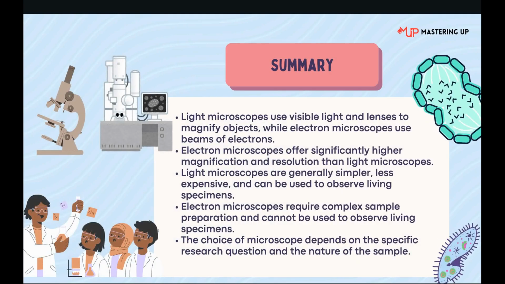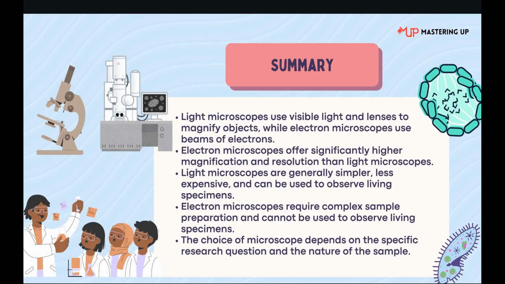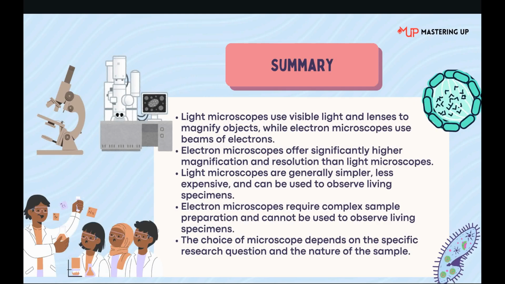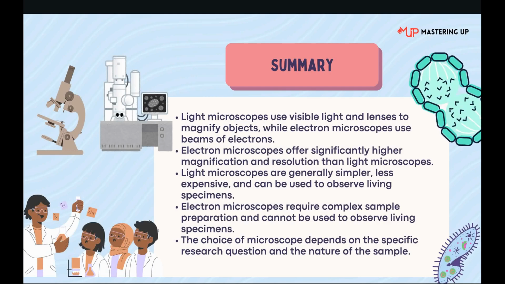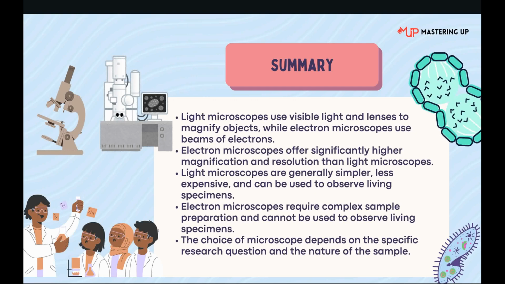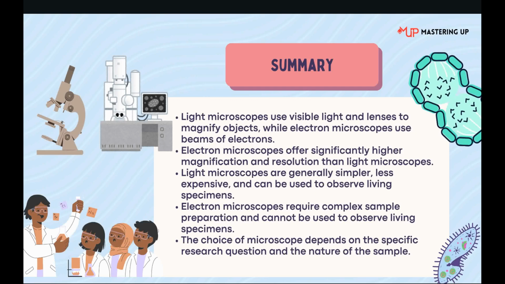Let's summarize the points we learnt in this video. Light microscopes use visible light and lenses to magnify objects, while electron microscopes use a beam of electrons. Electron microscopes offer significantly higher magnification and resolution than light microscopes.